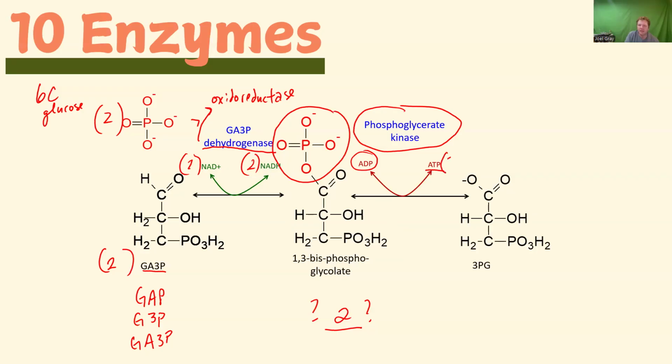So how many ATP do we have? Two. How many 3-phosphoglycerates do we have? Two. This is a transferase. We are transferring the phosphate from 1,3-bisphosphoglycolate onto ADP, leaving 3-phosphoglycerate. And we've got two of them.